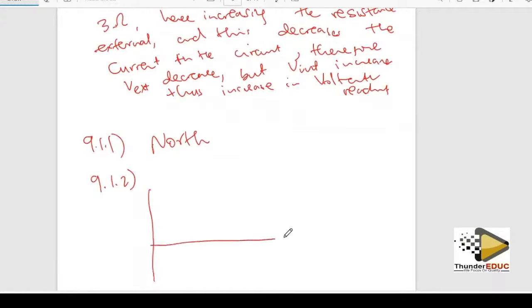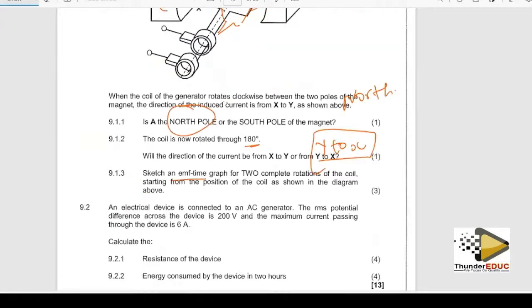Okay, so since this is an AC generator, this is going to be our EMF measured in volts. And this can be the time in seconds. Since it's an EMF-time graph for 2 complete rotations, they are telling us that we must start from the position of the coil as shown.